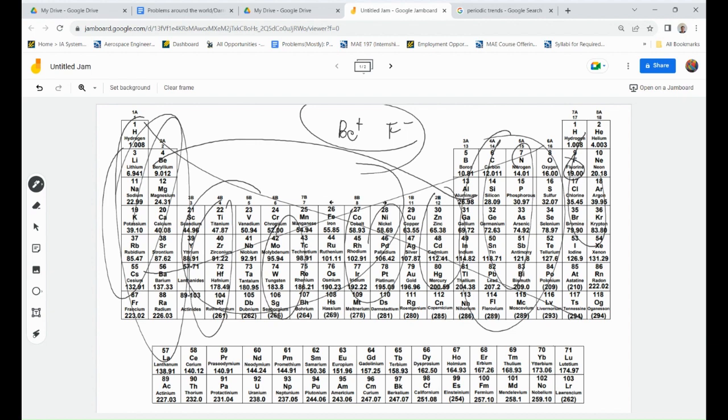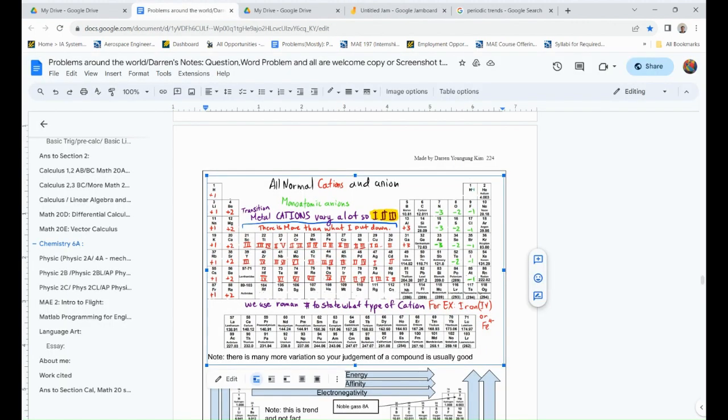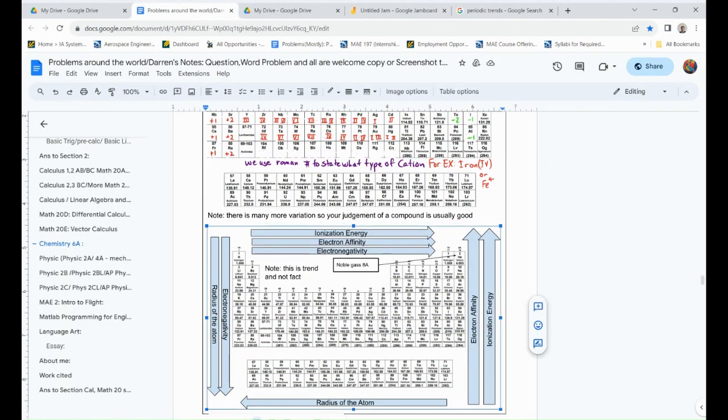guide for your intuition. Another example of that is over here with the ionization energy, the electron affinity, electronegativity, and radius of the atom. There are certain elements that break this trend.